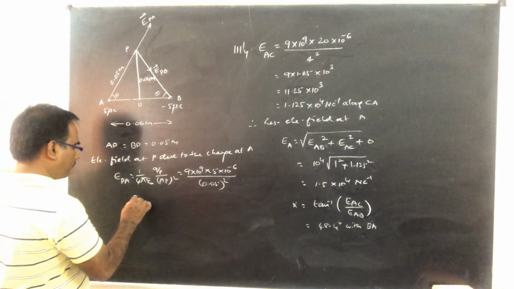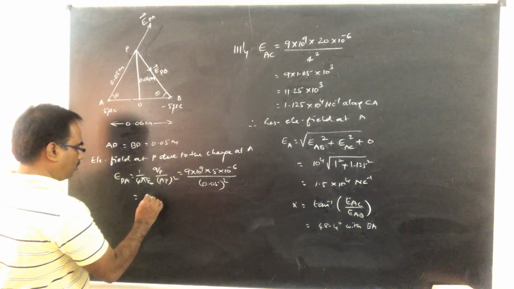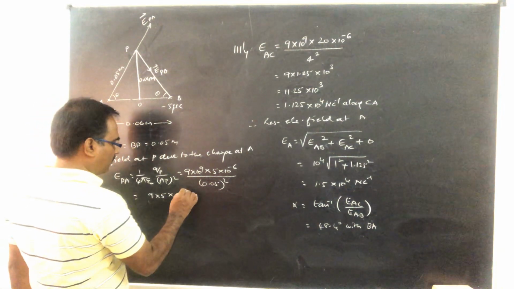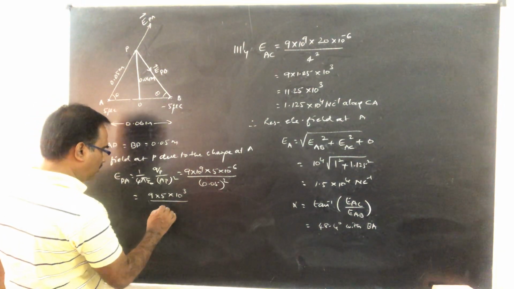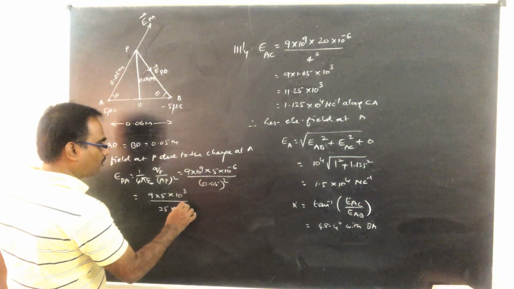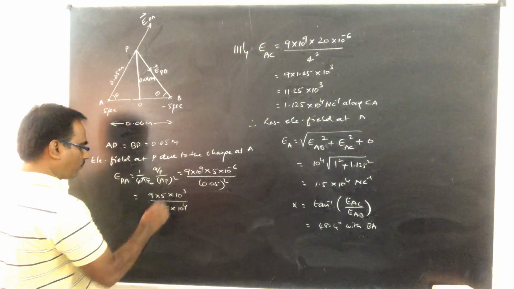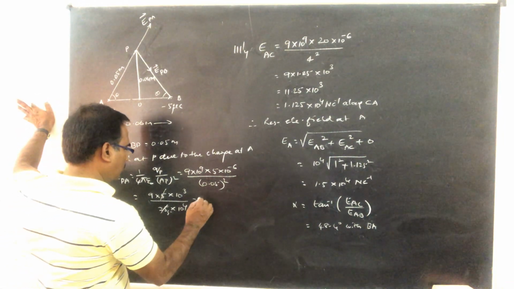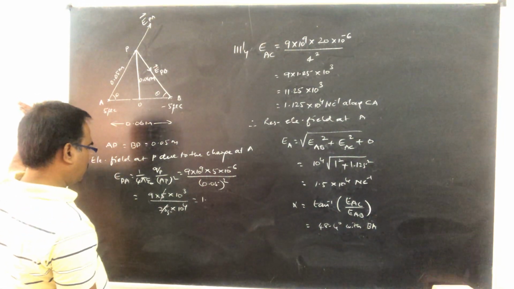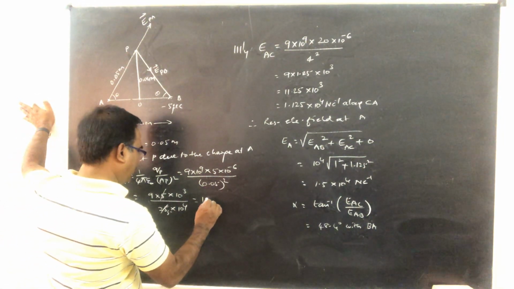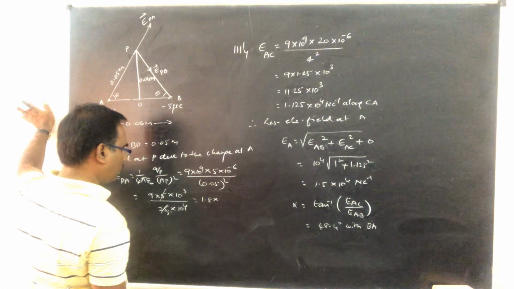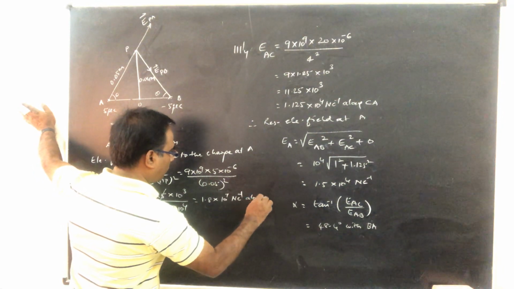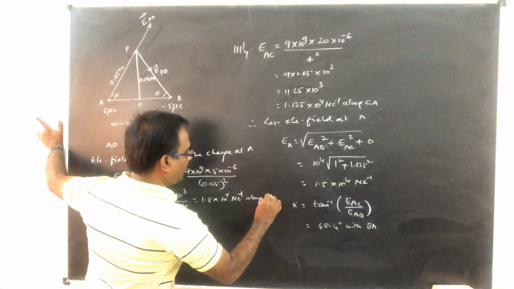So this will be 9 into 5, 10 to the power of 3 divided by 25 into 10 to the power of minus 4. So it cancels 5 times. So you will get 1.8 into 10 to the power of 7 Newton per Coulomb along AP.